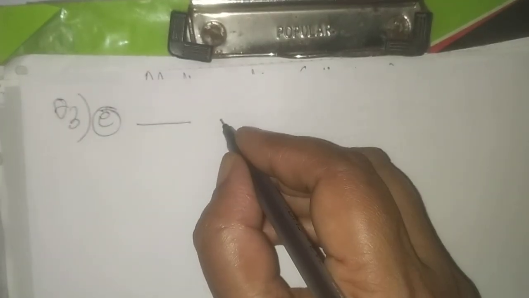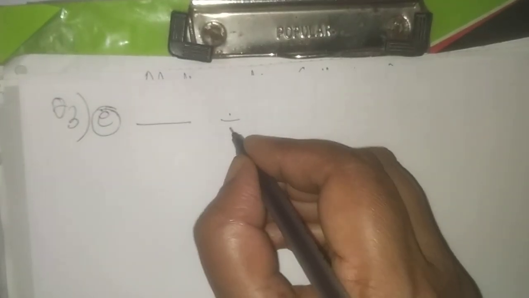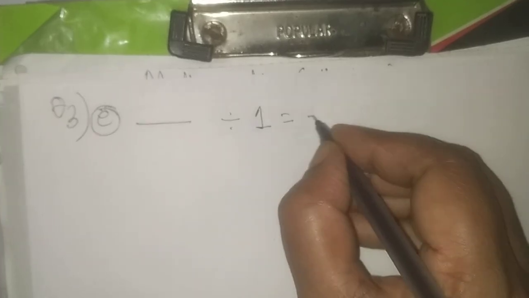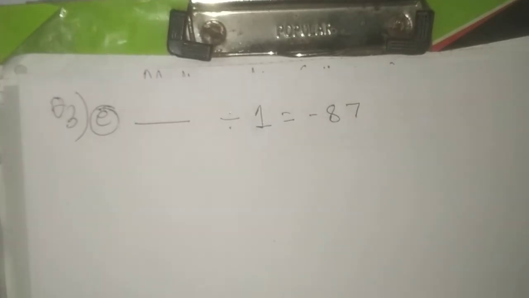E is blank divided by 1 is equal to minus 87.